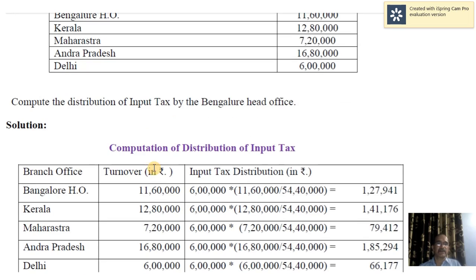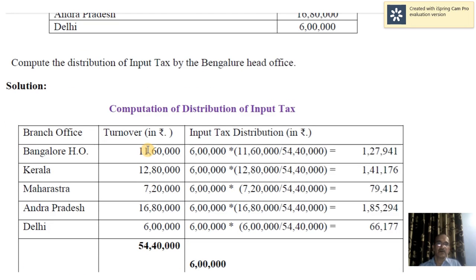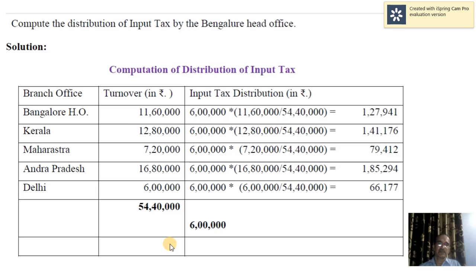Let us see how it is being done. You just calculate the total value of the turnover of each of these branches. So that comes to 54,40,000. This is the total turnover of all these offices, including head office.